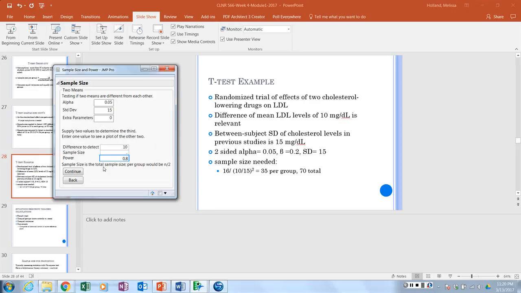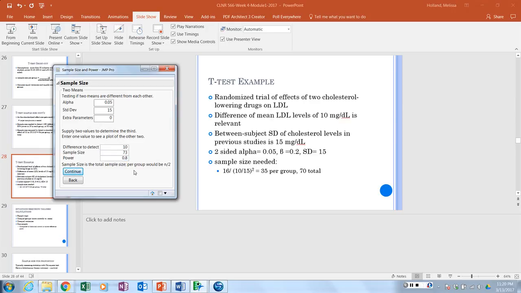You can see here it tells you that you need to supply 2 values to determine the third. So if we had a sample size and just wanted to determine power, we would enter sample size and it would give us power. But in this case, we want to know, to get 80% power, what sample size do we need? All right, so hit continue.